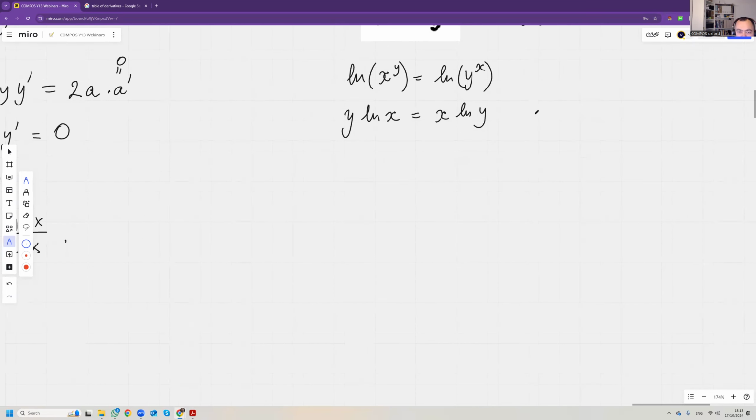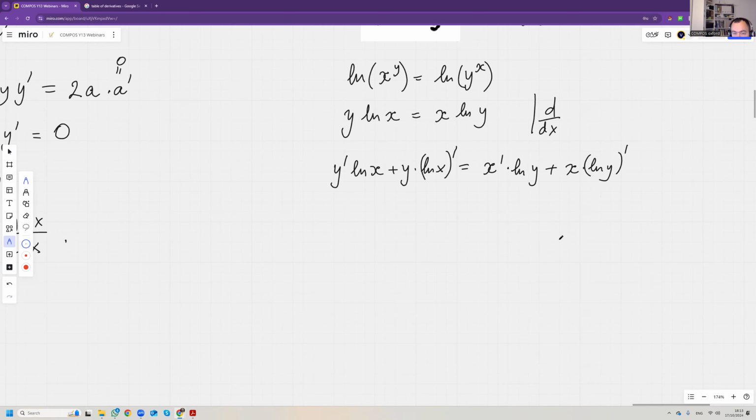Now we differentiate with respect to x, of course. So to differentiate that, this is going to be y prime multiplied by ln x plus y multiplied by ln x prime equals x prime multiplied by ln y. So I'm using the product rule here. So x multiplied by ln y prime.